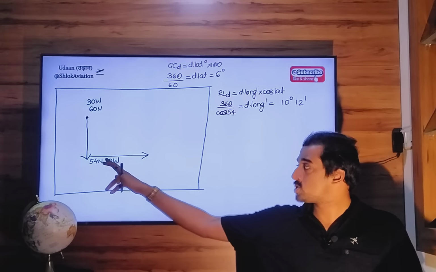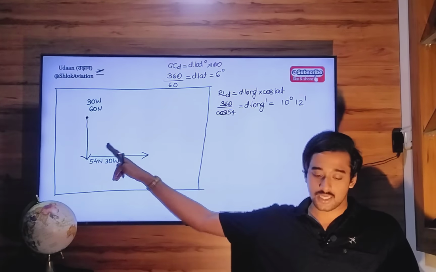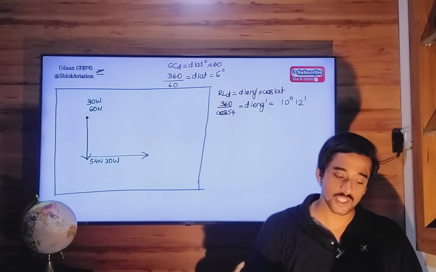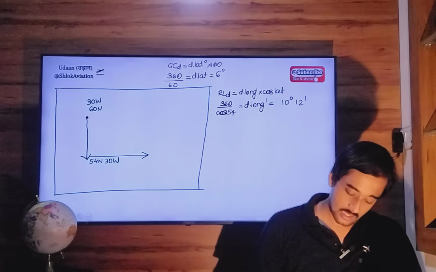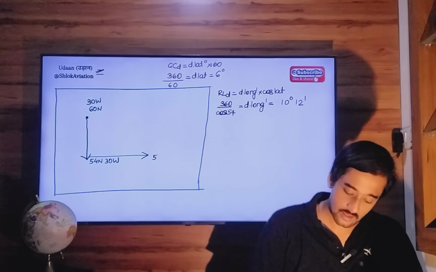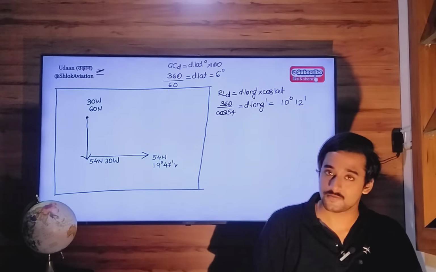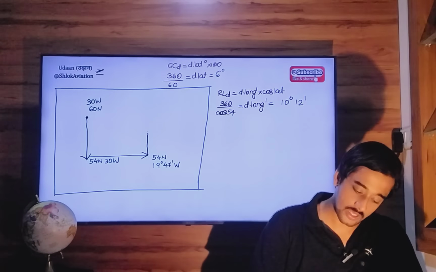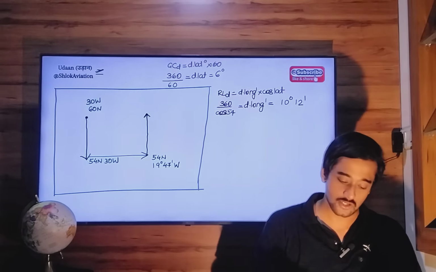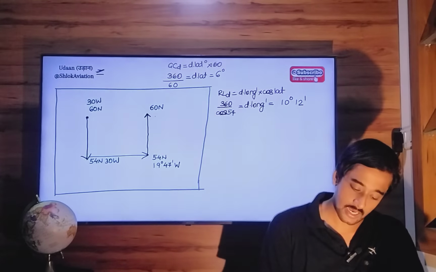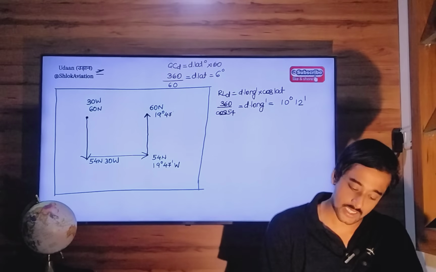So your new longitude will be 30 west minus 10 degree 12 minutes, which is equal to 19 degree 47 minutes west. From here you travel north again for the same distance. So your latitude will be the same, 60 north again and 19 degree 47 minutes west.